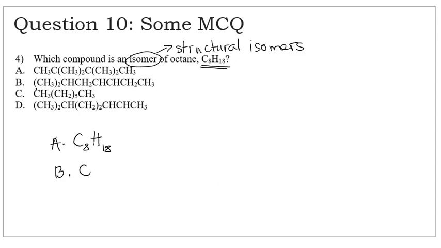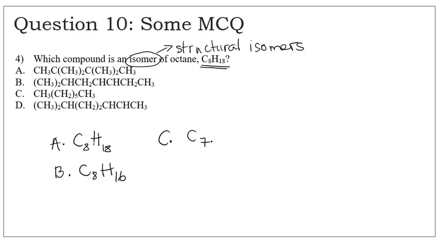I feel like I'm paranoid a lot in multiple choice questions. So 2, 3, 4, 5, 6, 7, 8. Ooh, this is not good. So 6, 7, 9, 10, 11, 13. That's only 16. All right, that's good. Let's go to C. So 1, 6, 7.